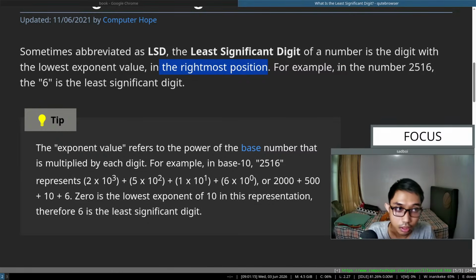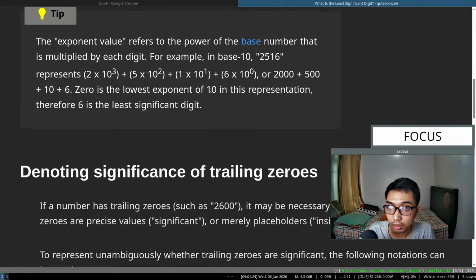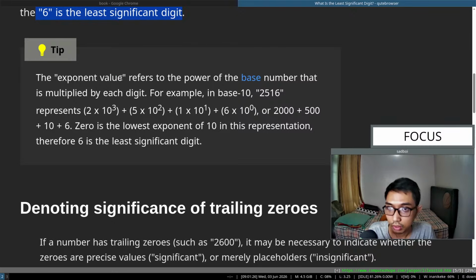For example, in the number 2516, the 6 is the least significant digit. The exponent value refers to the power of the base number that is multiplied by each digit.